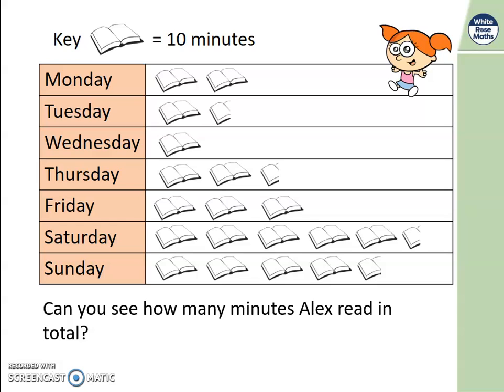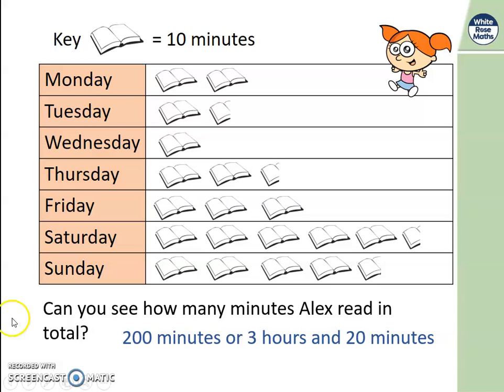Now it's time to add up the halves. So 185, 190, 195, 200 minutes. So 200 minutes, or you can say 3 hours and 20 minutes. Both answers are correct.